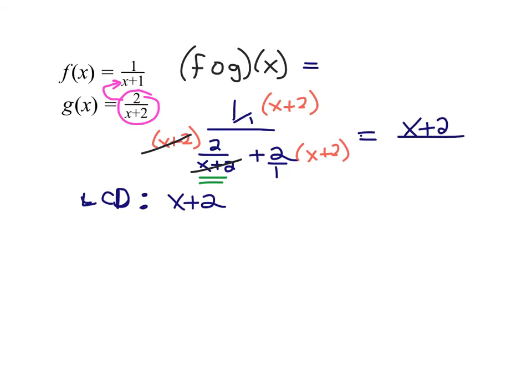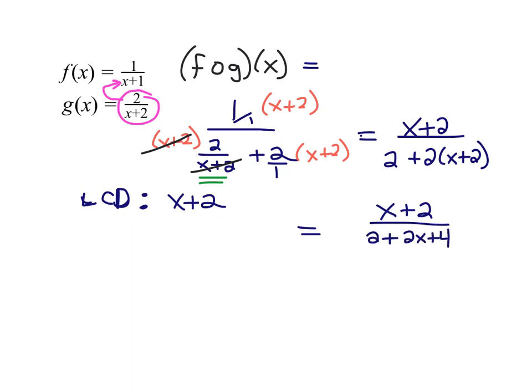On the bottom, we're going to get 2, because remember, the x plus 2 is canceled out, plus 2 times x plus 2. So now you don't see any fractions in the top and bottom, just a one denominator and numerator. So the top is x plus 2. The bottom is going to become 2 plus 2x plus 4, because I'm going to distribute that 2. And then x plus 2 over 6 plus 2x. So this is my composition f of g of x.